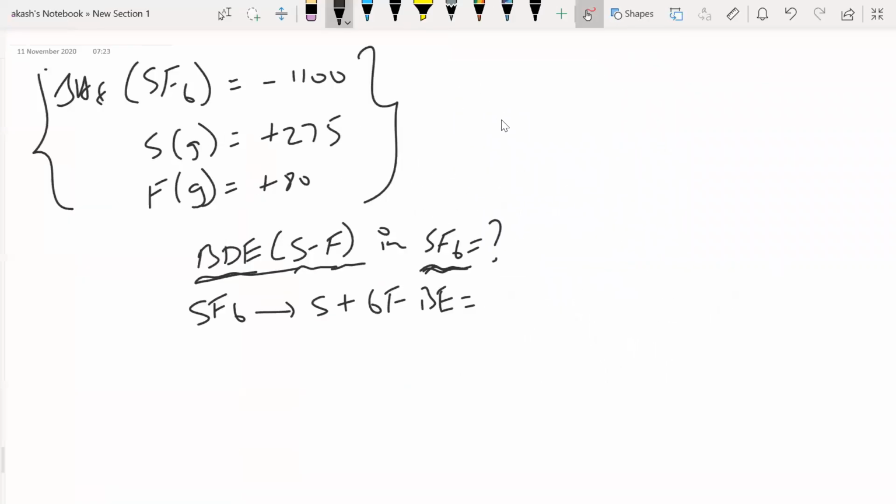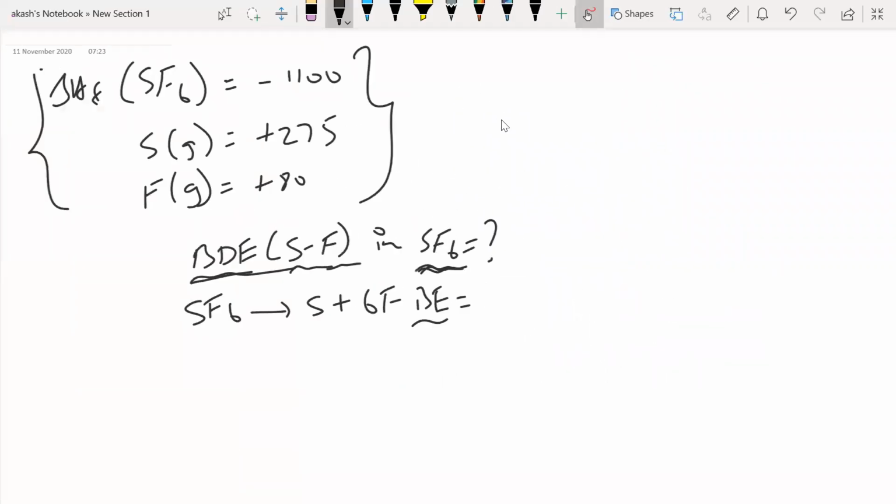Yes, sir. Can you tell me how will you write? This is the bond enthalpy, obviously. Now, how will you write it in terms of bond dissociation enthalpies? I wrote 6 BDE of sulfur and fluorine bond.